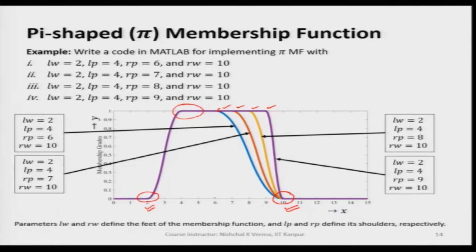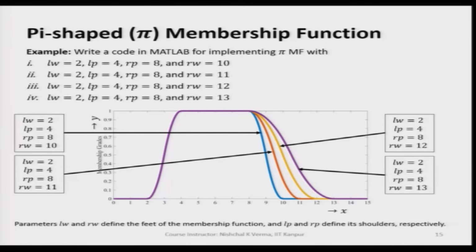Then again we change RP to 7, then 8 in the third case, and then 9 in the fourth case. This way we understand how all these 4 parameters change the left feet, right feet, left shoulder, and right shoulder of a pi shaped membership function.